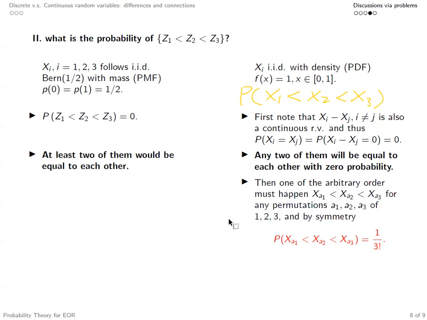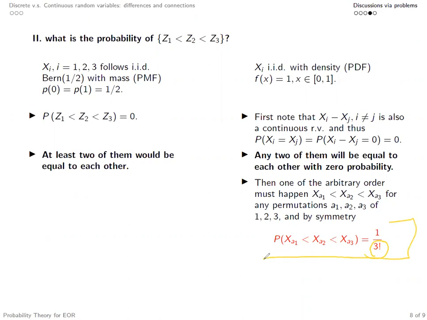And they have identical and independent distributions, right? So each of these permutations, each of these orders would happen with exactly the same probability. How many orders do we have here? We have 3 factorial different orders. And each of these orders happens with exactly the same probability, and they are mutually exclusive events. Sum them together, they need to be equal to 1.